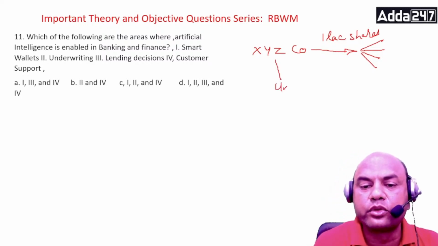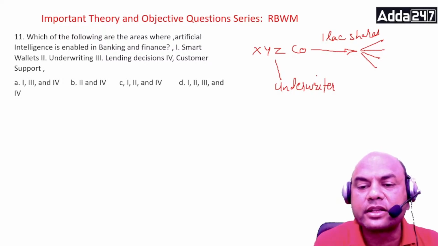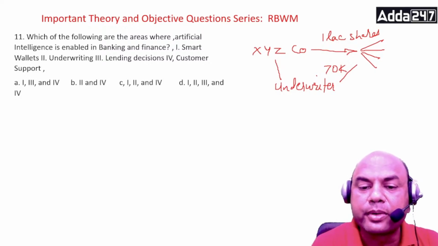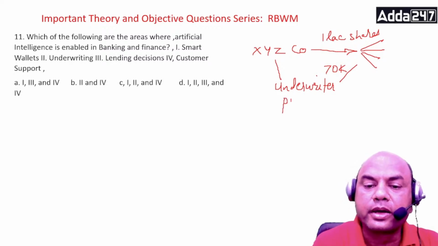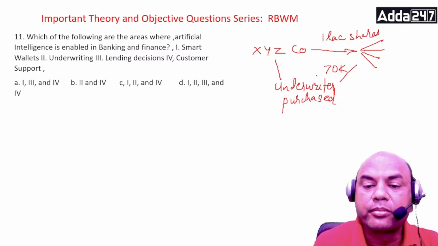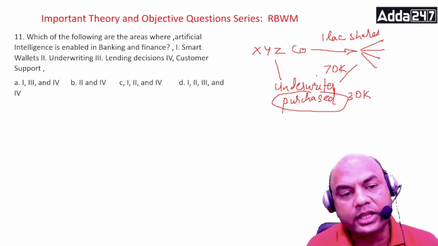The underwriter says that you sell it, and if only, let's say, 70k shares are sold, the underwriter tells you the remaining 30k will be purchased by the underwriter. So that is a guarantee given. That is the meaning of underwriting.